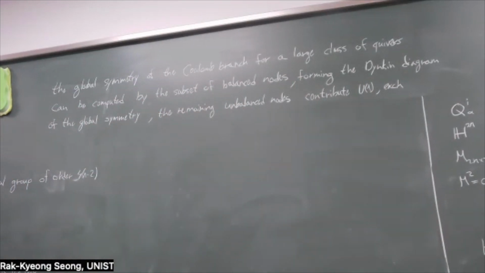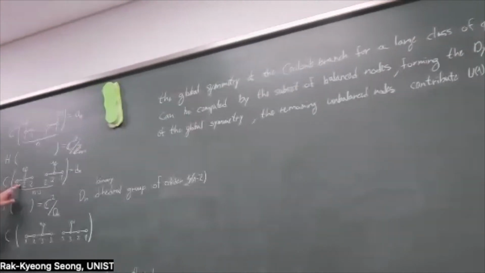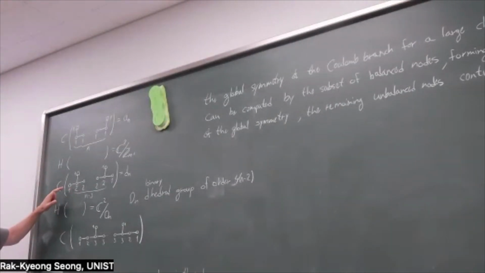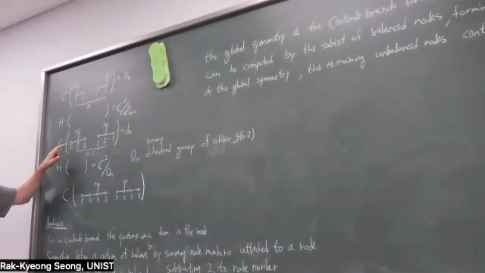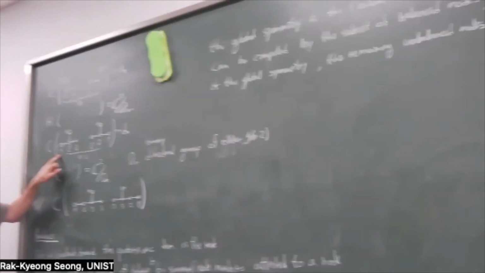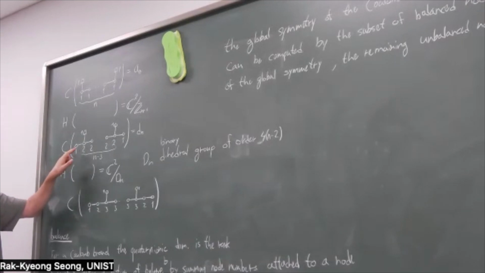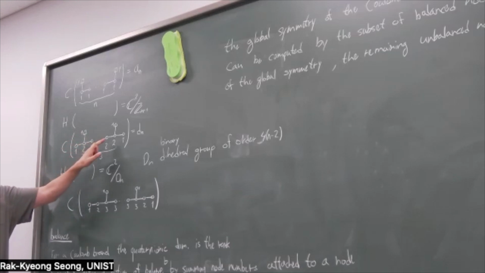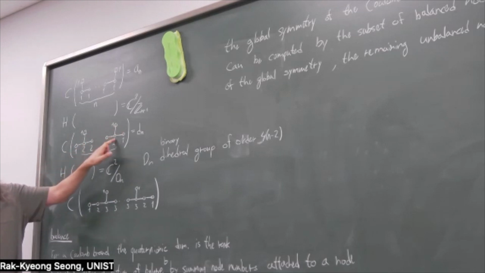Okay, so if you look at this quiver, this node has one node attached to it of label 2. 2 minus twice 1 is 0, so it's balanced. This is balanced. 2 plus 1 plus 1 is 4, twice. And these are all balanced.